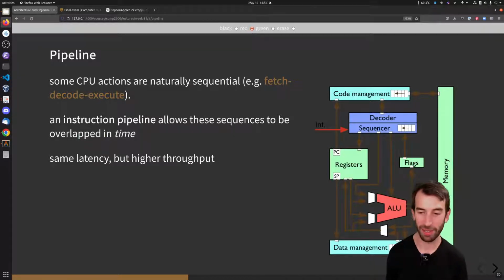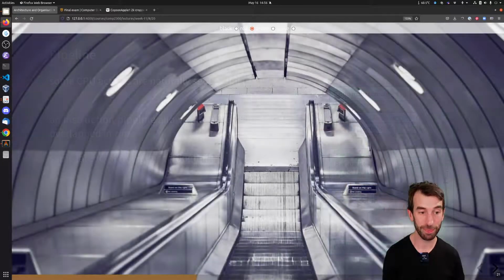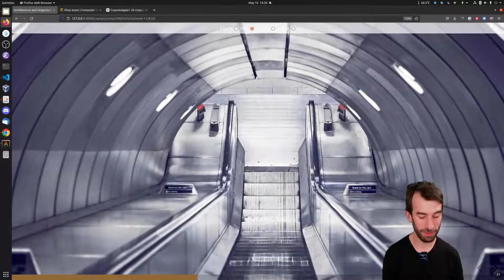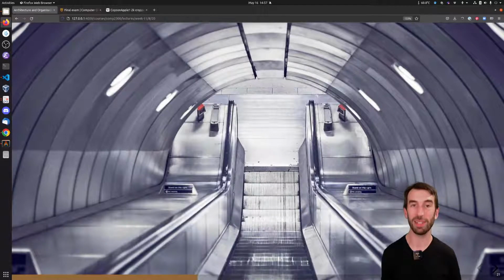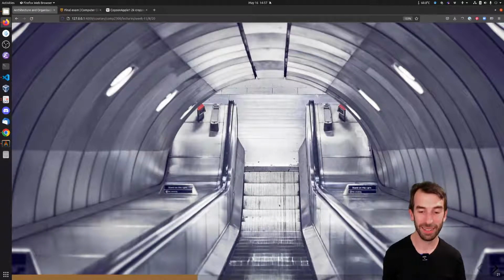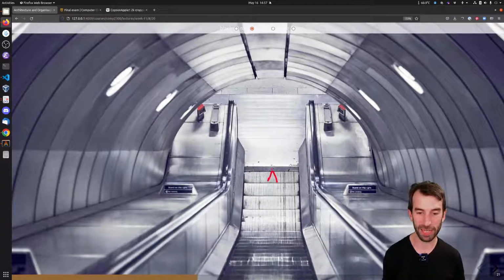So you get overlap of the things that are going on in your CPU to increase the throughput of your system. So a way of imagining pipelining is to imagine an escalator. When you go on an escalator, it's not like one person stands on the escalator at the bottom and then there's a queue of people behind waiting for that person to get all the way to the top before they start, right?